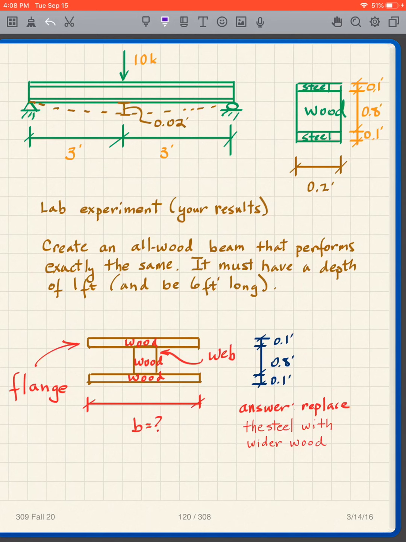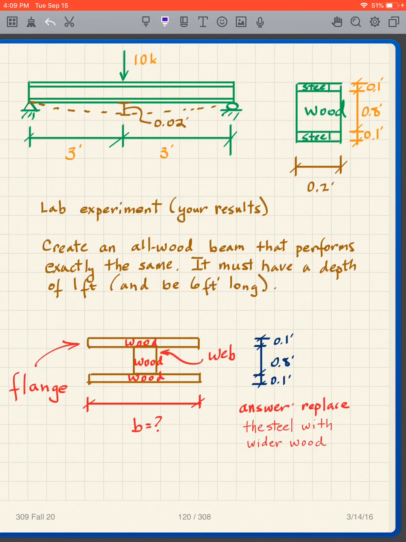The reason is that we want to analyze this situation. If I can build an all-wood beam that looks like that in the lab, then I can make an equivalent all-wood beam in reality and analyze it.